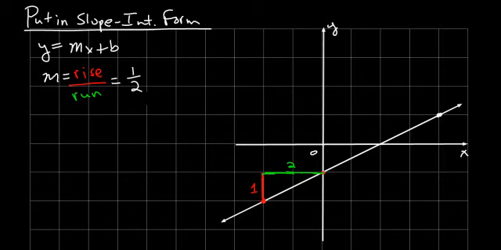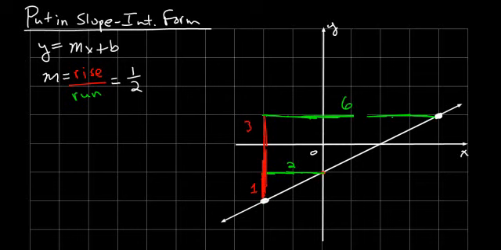And let's do it between this point and that point as well, just so you see that you're going to get the same answer no matter what. If I looked at my rise as being this length, that would be 3, and my run would be this length, 1, 2, 3, 4, 5, 6.